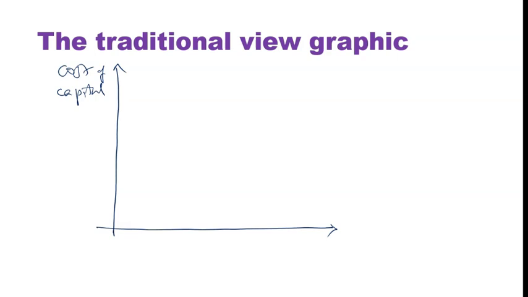Whatever element of capital is being considered, the cost of debt, the cost of equity, in total, that's the cost of capital. So this is our WACC. Initially it continues to fall up to a certain point and then it begins to rise. So this is our WACC, the weighted average cost of capital, and this is the level of gearing.